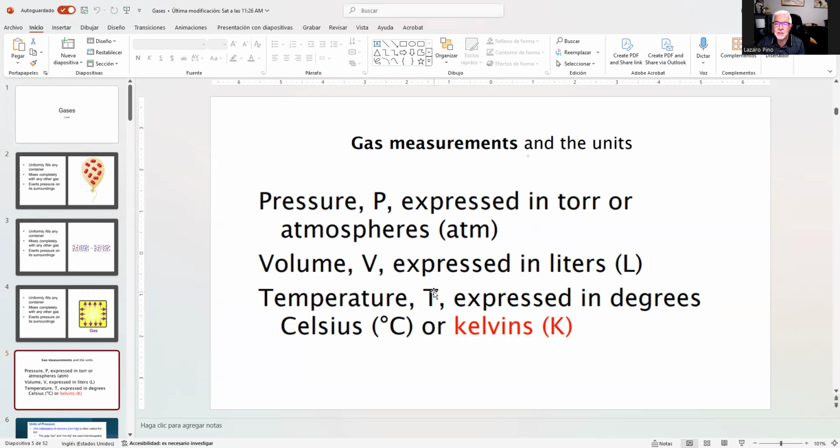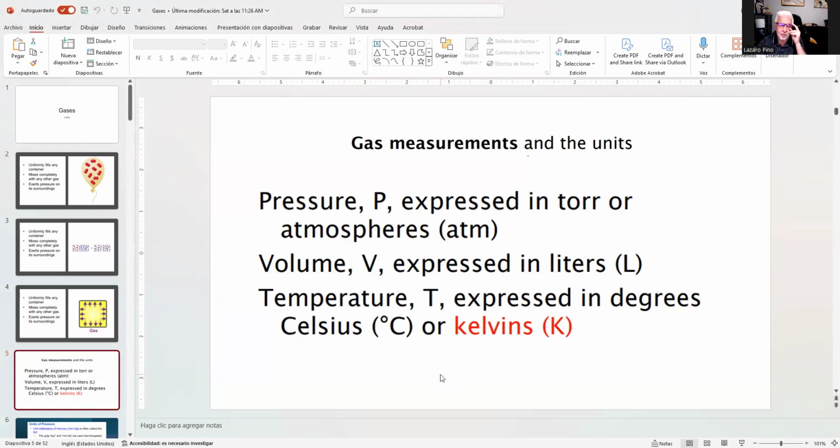The temperature, T, is expressed in Celsius degrees or kelvins. I put kelvins here in red because for some calculations, we have to work in kelvins. If not, we don't get the right answer.